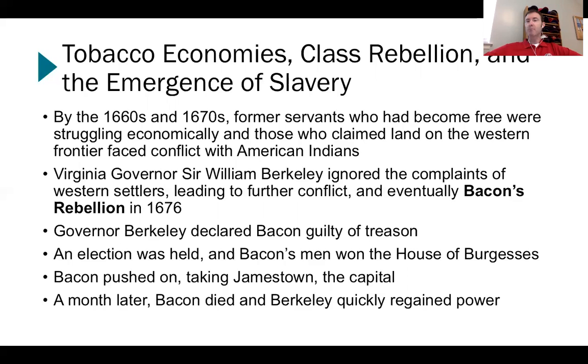You've got a governor, Berkeley. And Berkeley is going to be like, okay, yes, I hear you. I hear your voices, white settlers. You want land. All right. Berkeley's argument is, everybody wants land, but the argument on the part of the settlers that are eventually going to riot and rebel is, guess what?